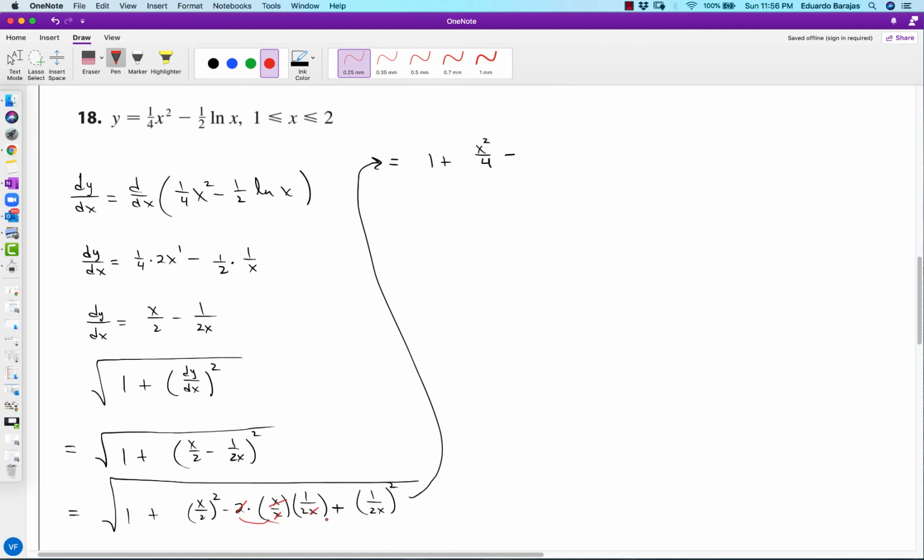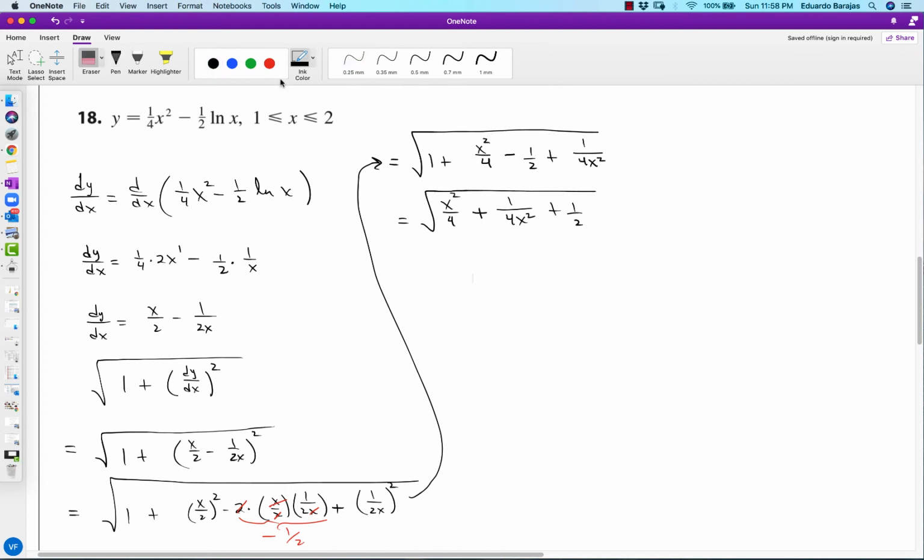So this whole thing right in here just turns out to be minus 1/2, plus, and then this becomes 1 over 4x squared. All of that is inside this root. Okay, so 1 minus 1/2 just becomes positive 1/2. So this becomes x squared over 4. I'm going to move these things around, plus 1 over 4x squared plus 1/2. All of that is inside that root.